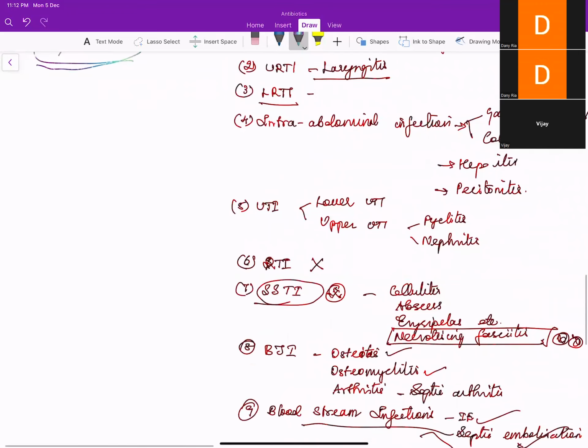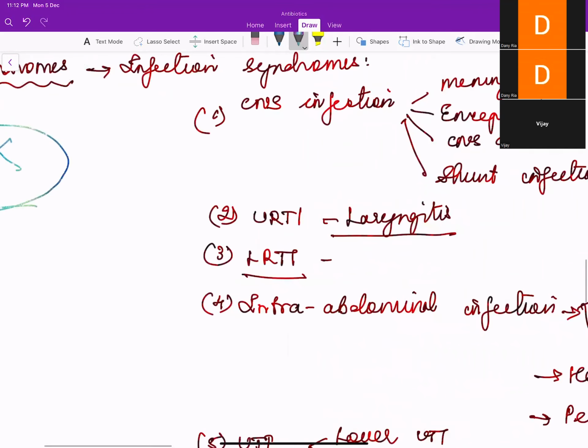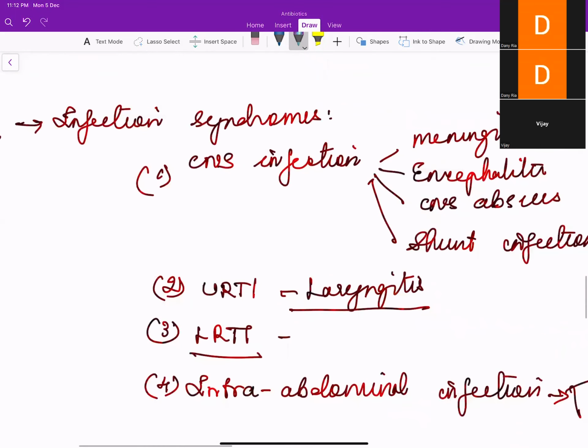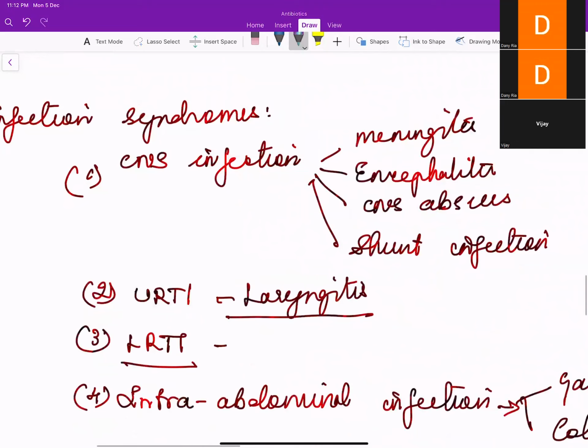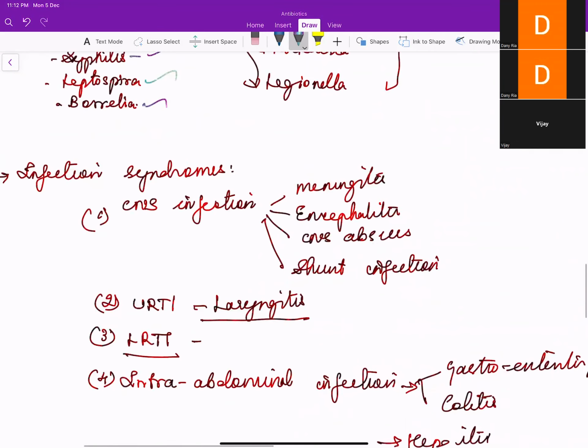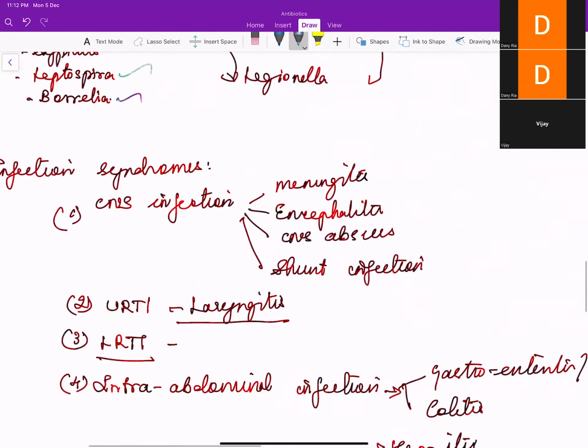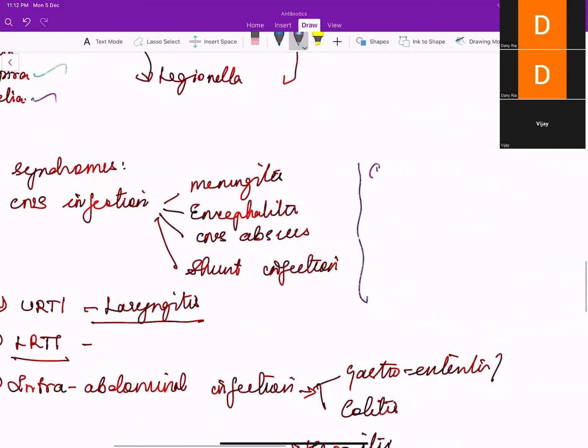Now, just a revision question. Can you tell me what are the organisms which cause CNS infection? Specifically, Streptococcus pneumoniae, Haemophilus influenzae, Streptococcus pyogenes.